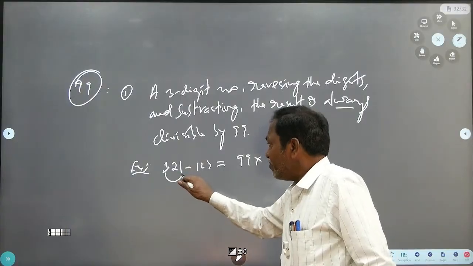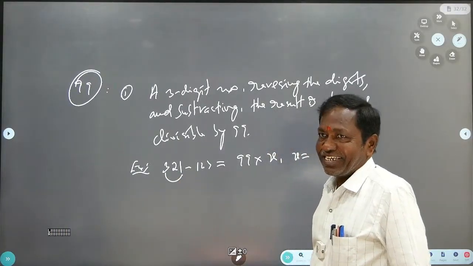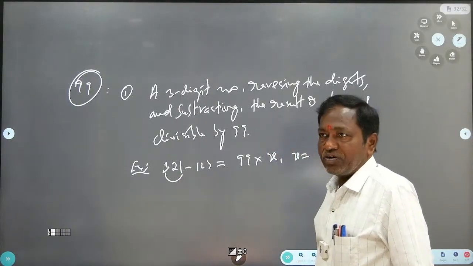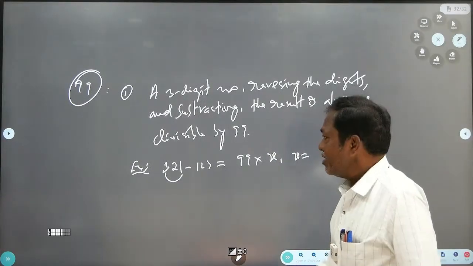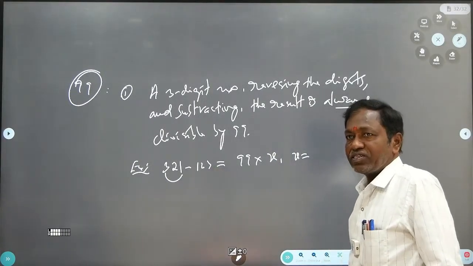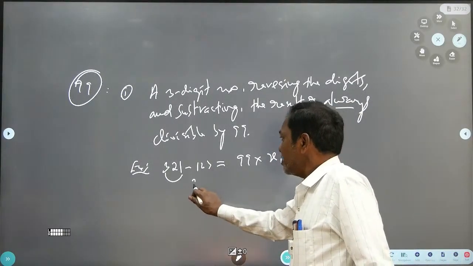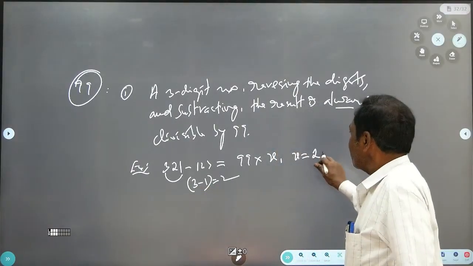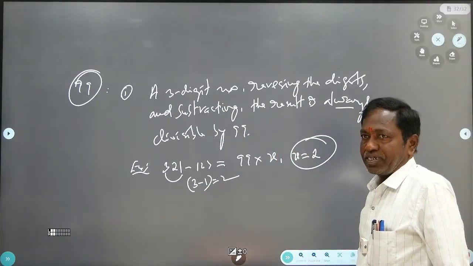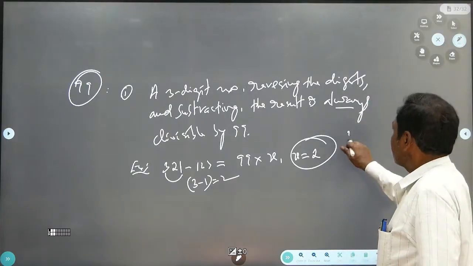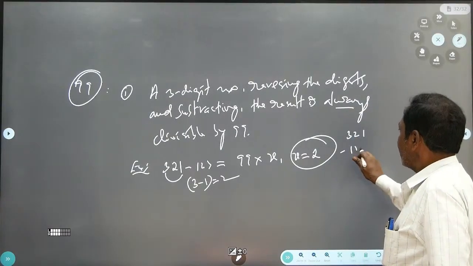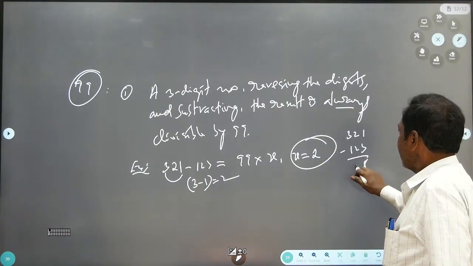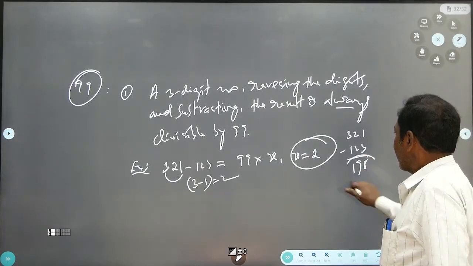Here, the difference between first and last digits. 3 minus 1 is 2. So x value is 2. Even you can check: 321 minus 123 is 198.